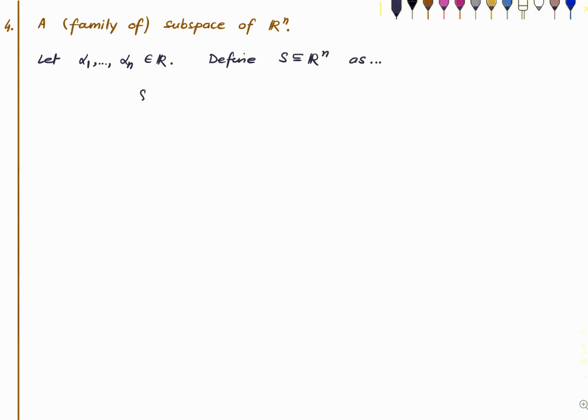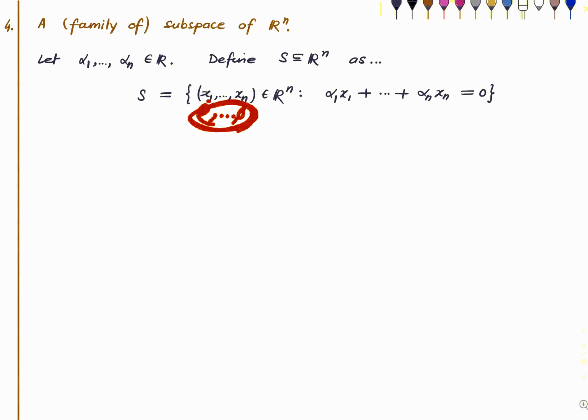S is defined as those points in Rn such that this sum vanishes. That is S. First of all, this is non-empty because the 0, 0, 0, 0 thing clearly satisfies this equation. So it is a non-empty set, and your job is to check that S is a subspace.